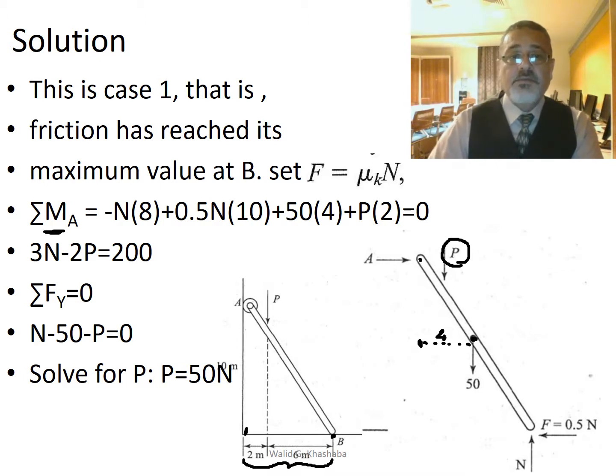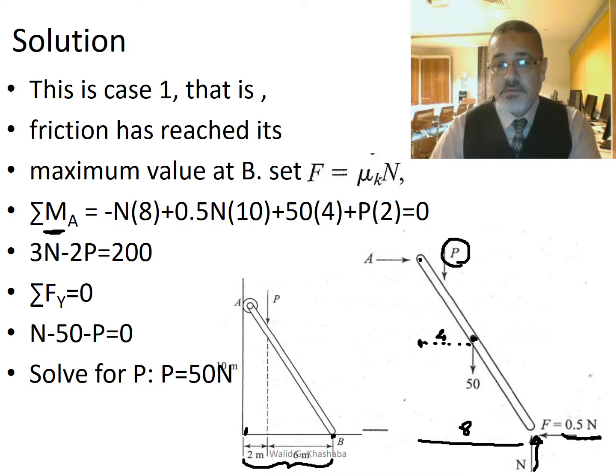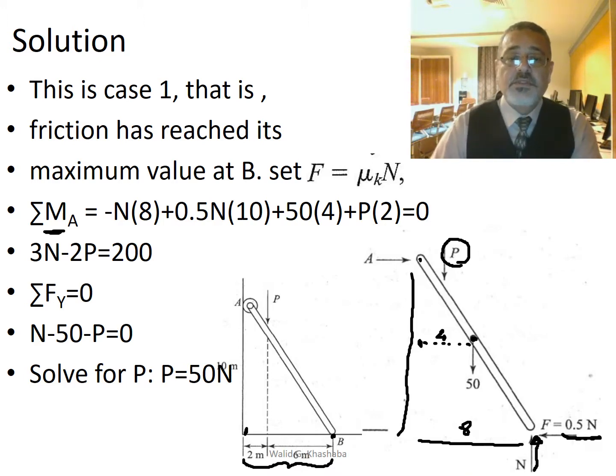The moment at A will be negative N times the distance, which is 8, plus 0.5 N, this is the friction, times 10, this distance, 10, plus P times 2.